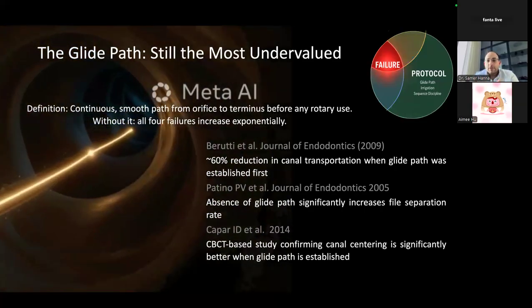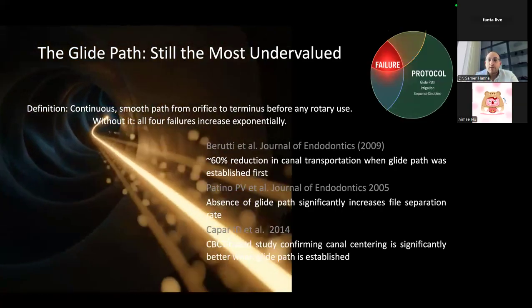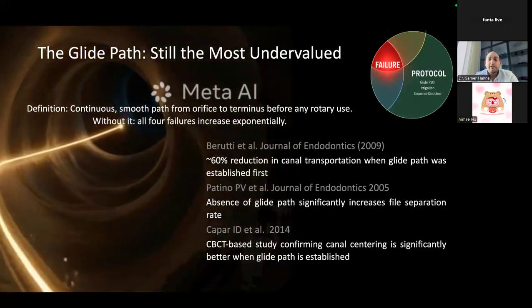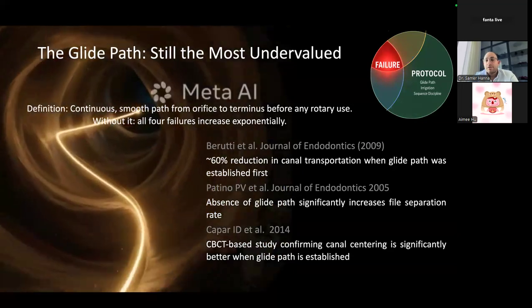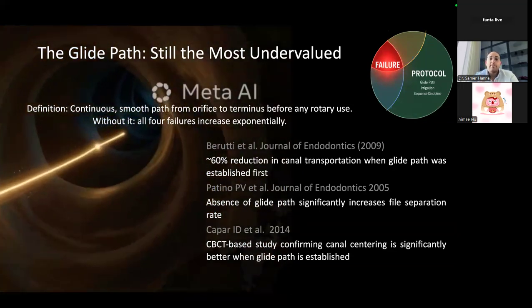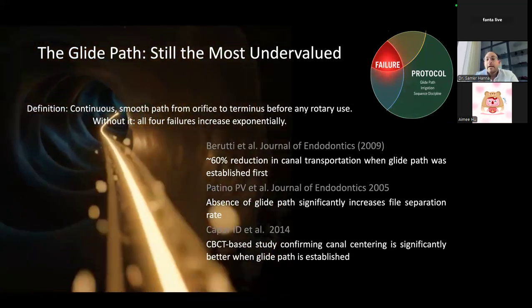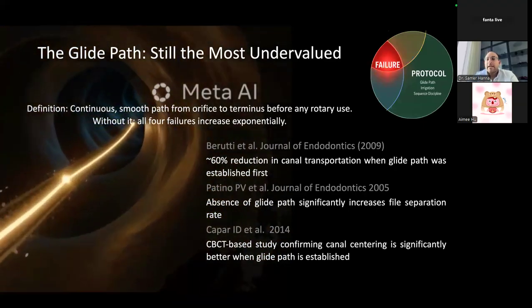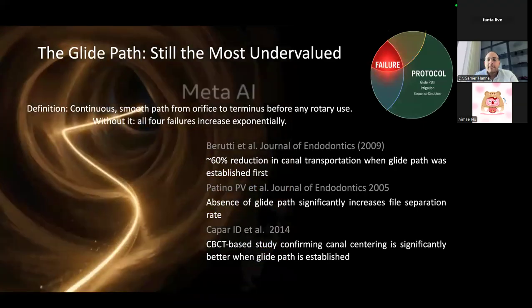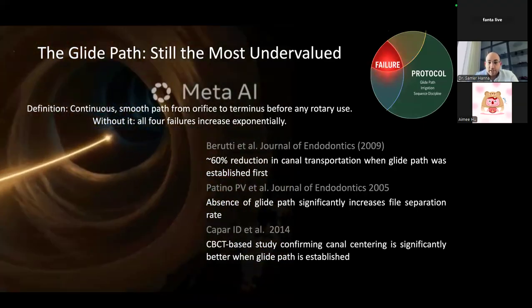So in the Journal of Endodontics, in 2009, it was said that on average, there is a 60% reduction in canal transportation when a glide path was established first. Again, Patino, in the same Journal of Endodontics, but in 2005, agreed that absence of a glide path significantly increased file separation rate.